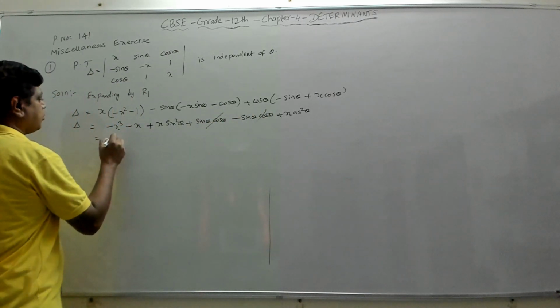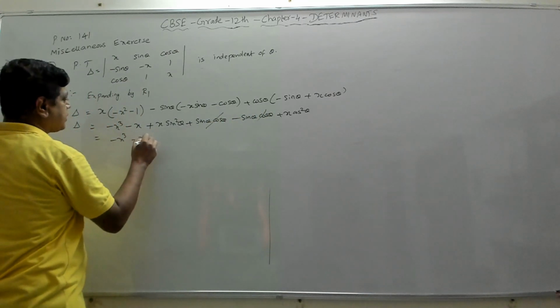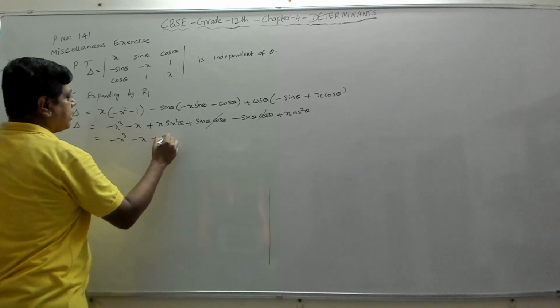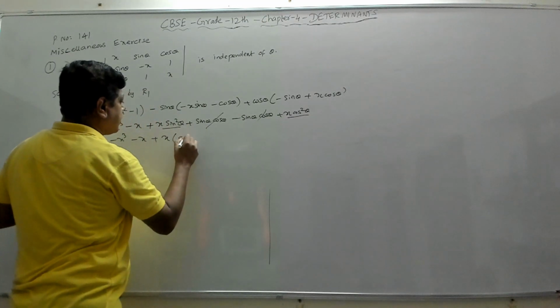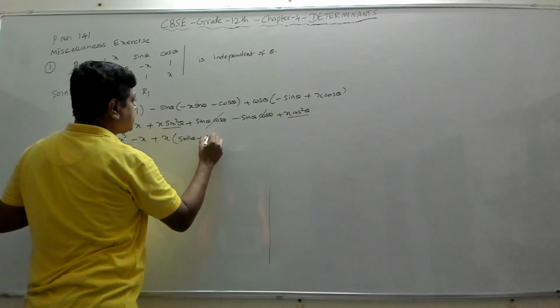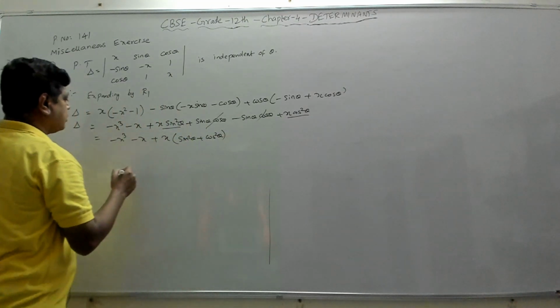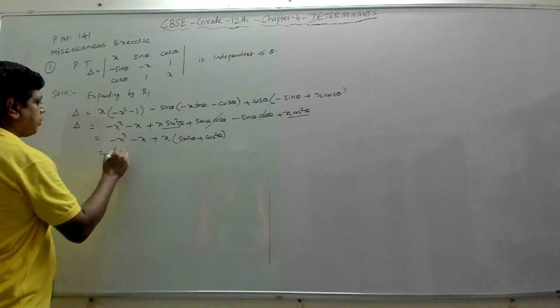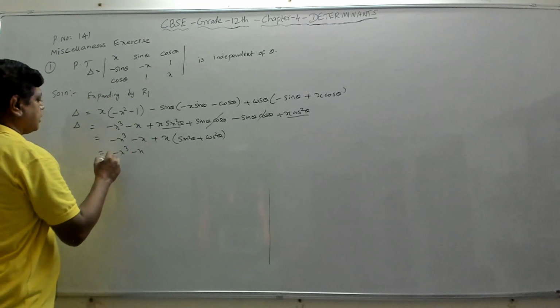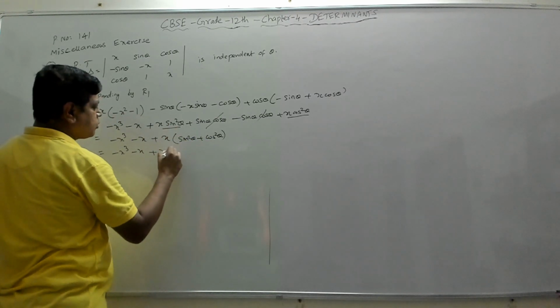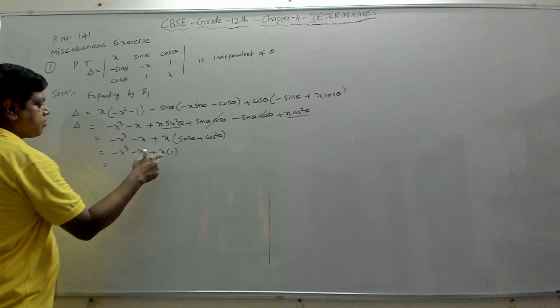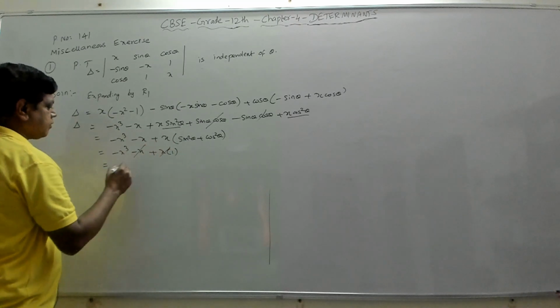So you will get minus x cube minus x plus x into, if I take x common, sine square theta plus cos square theta. Sine square theta plus cos square theta is 1, so it becomes x into 1 is x, and minus x plus x get cancelled.